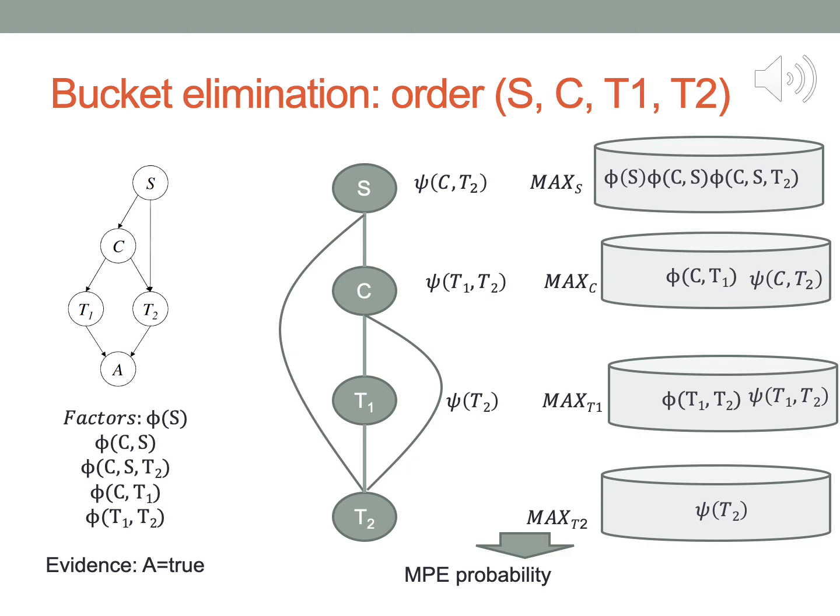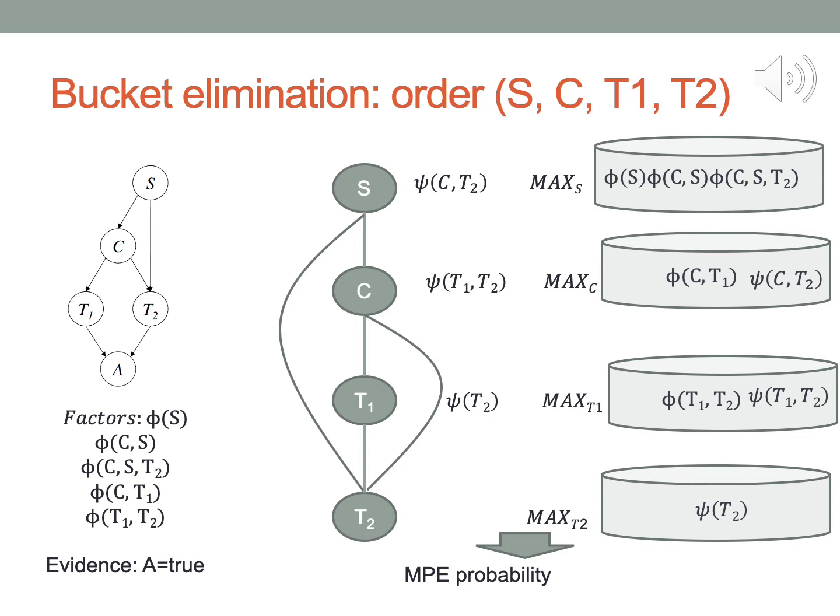From this function, we max out C, and this will yield a function that is defined over T1 and T2. We put this function in the appropriate bucket, which is the bucket of T1 because T1 is ordered before T2. So we continue this process, and at the end, when the last bucket is processed, we will get the MPE probability.